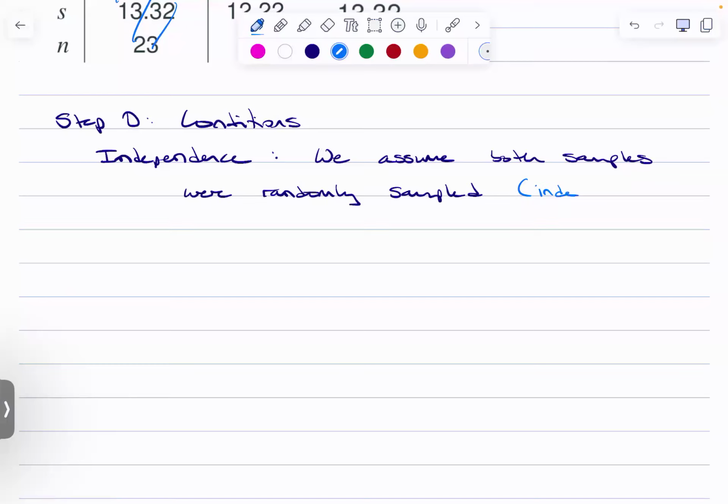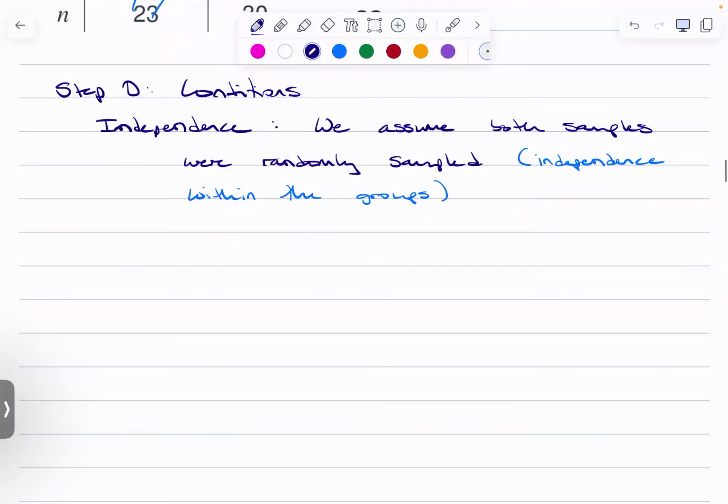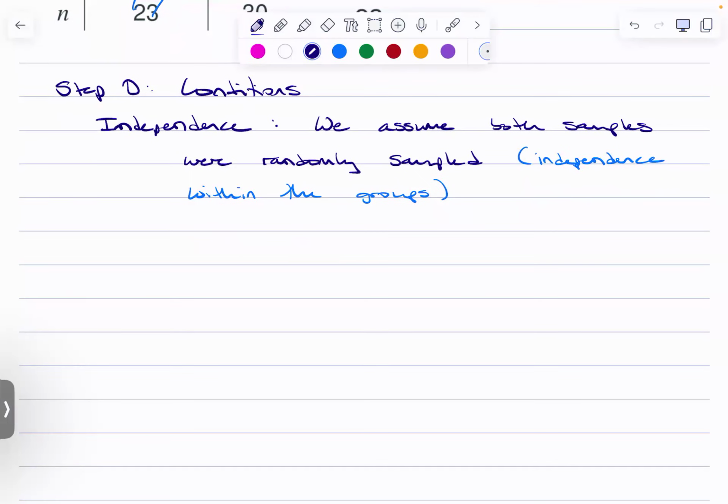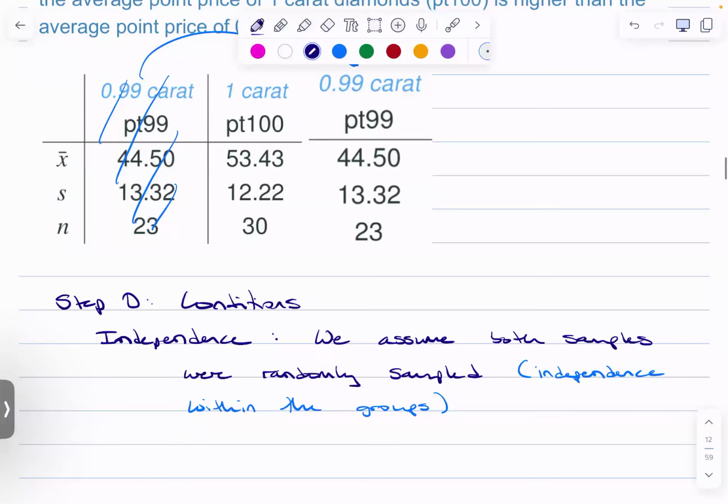That's independence within the groups. My sample of 1 carat diamonds have nothing to do with my sample of 0.99 carat diamonds, right? And so that's how we arrived at, okay, these are 2 independent samples that I want to compare, right? And so that's the independence between the 2 groups.